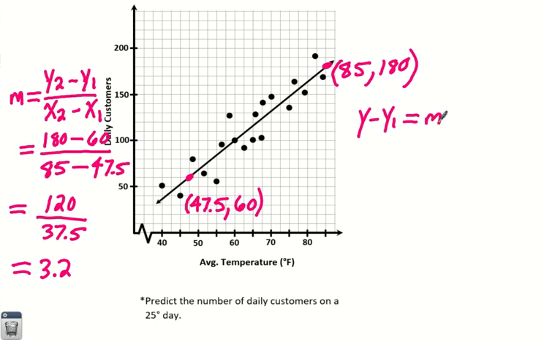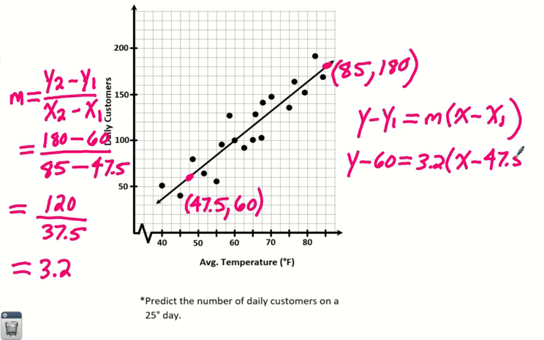The next thing I think you should make part of your official routine is plugging into this formula. And so let's see, we were using this one for our x1, y1. And so my y1 is 60. My slope is 3.2. And my x sub 1 is 47.5.